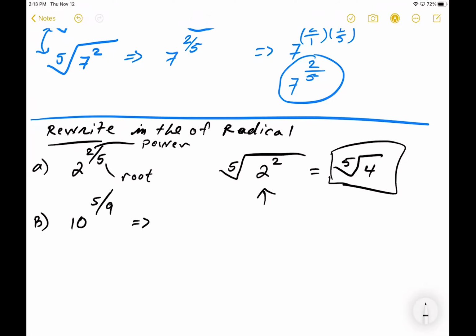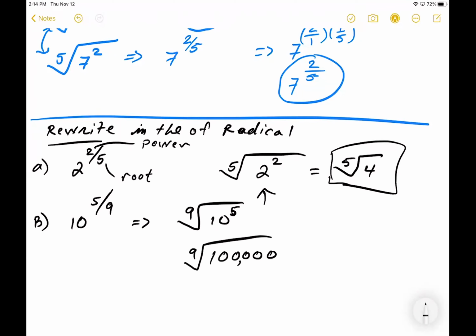Well, we know that this is the 9th root of 10 raised to the 5th power. 10 raised to the 5th power is easy. We just add how many zeros we need. The 5th power is 10 times 10 times 10 times 10 times 10, five times, which is just 100,000, right?